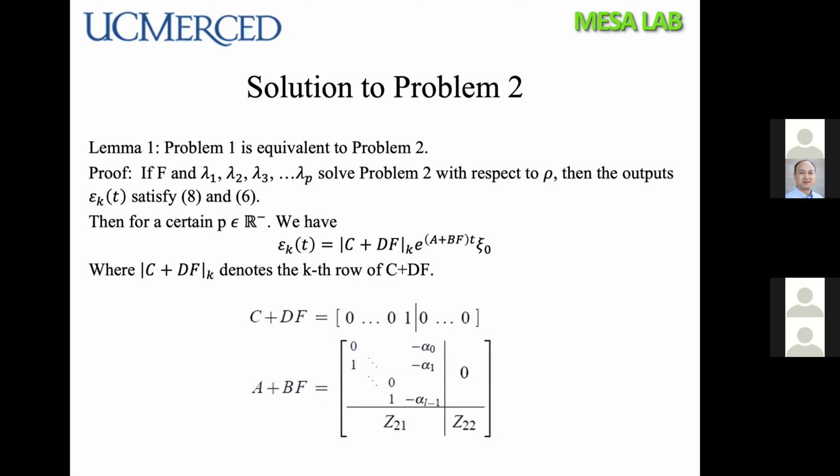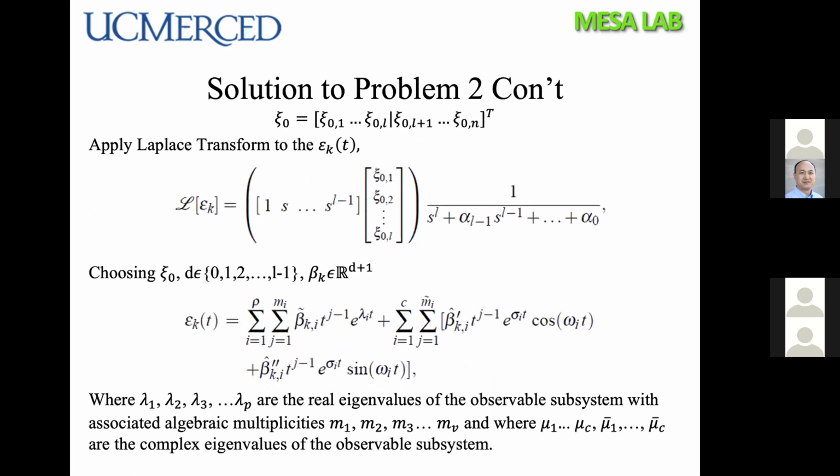Let us write the pair (C+DF, A+BF) in a standard observability form, in which the observable part is in turn expressed in the observability canonical form. Accordingly, it looks like this, and the initial state x0 can be written in the new coordinates.